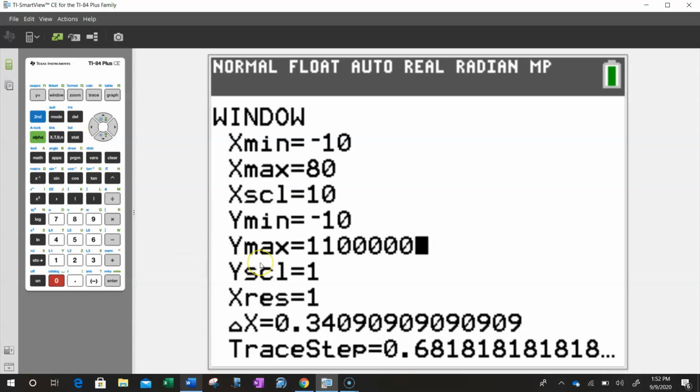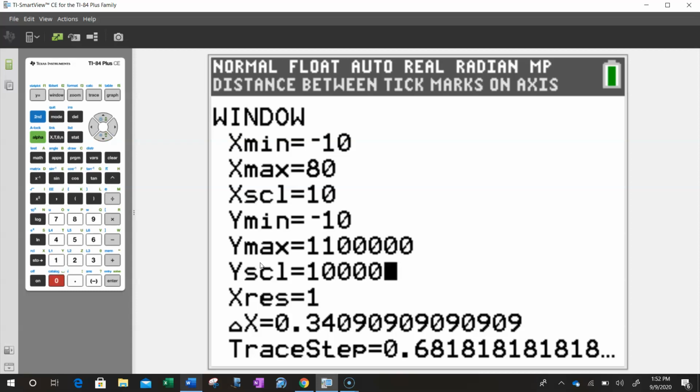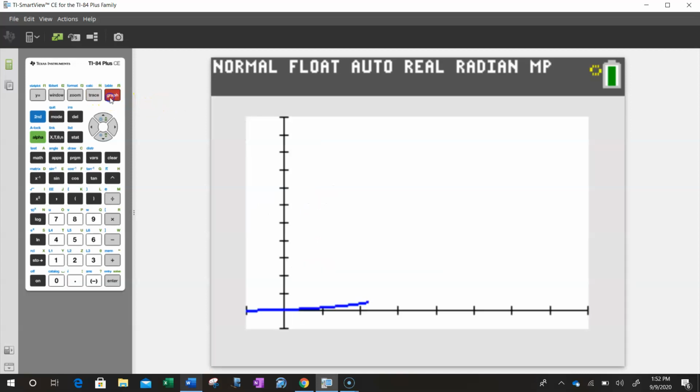And if I do that, I'm definitely going to make my Y scale a lot bigger, or it's going to be extremely thick. So I'm going to make it 100,000. And your Y min, you may want to make it have more room. If not, your Y axis is so low on the bottom of the screen. If that doesn't bother you, that's fine. But I might make mine negative 100,000, just a little buffer there so I can kind of see what's going on. And then graph those two functions.